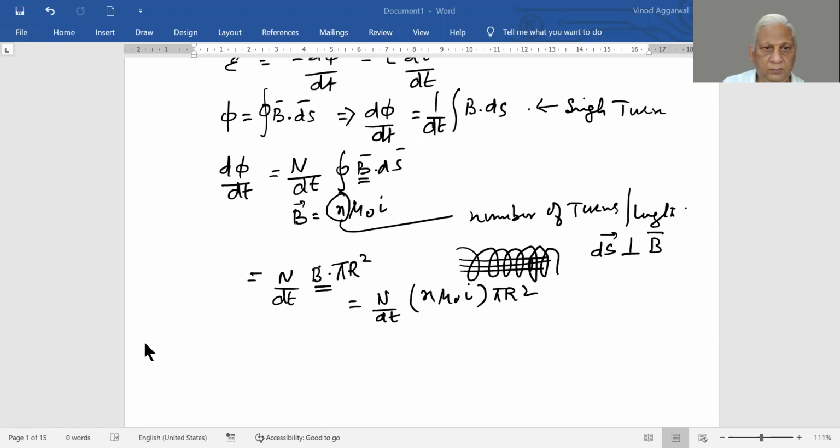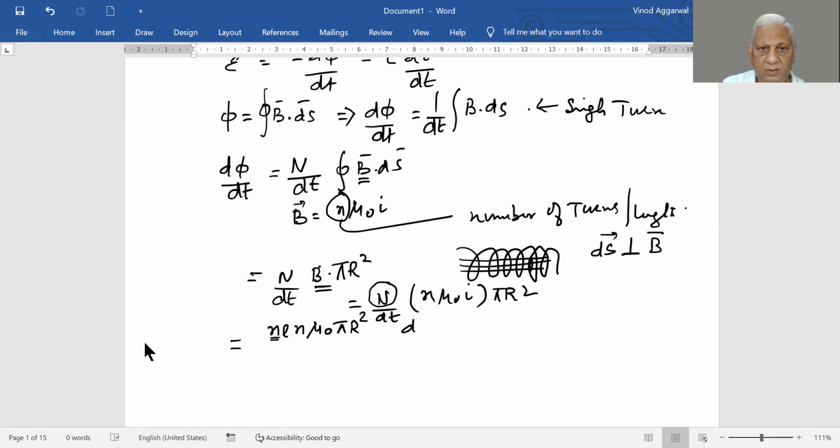Now this N is the total number of turns, and we can replace it with the number of turns per unit length into the length. Let's take out the constant part first: n into n again, mu naught pi r square.